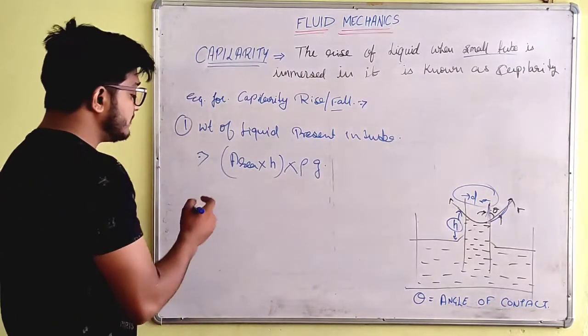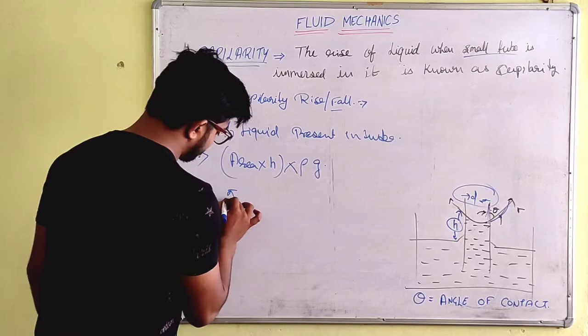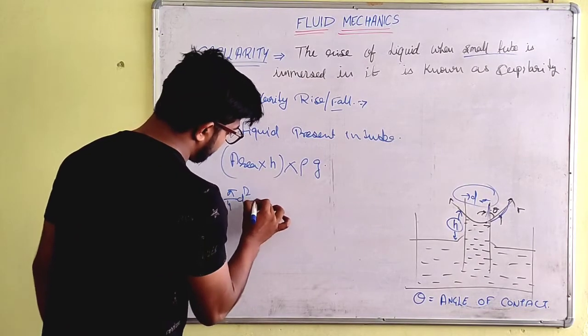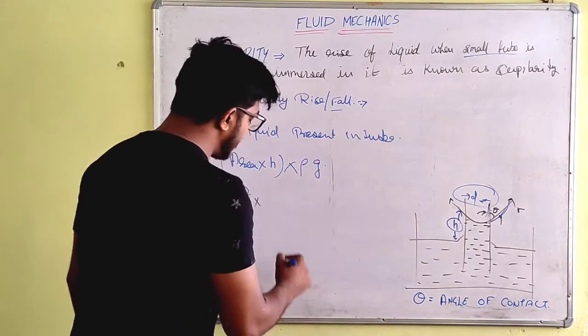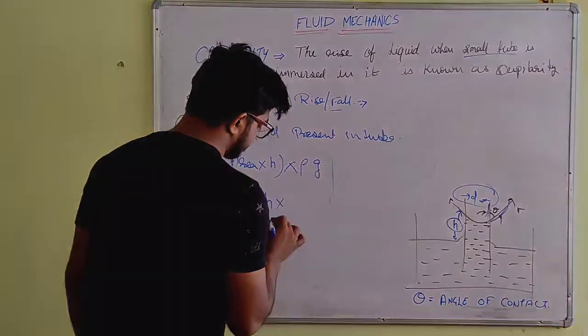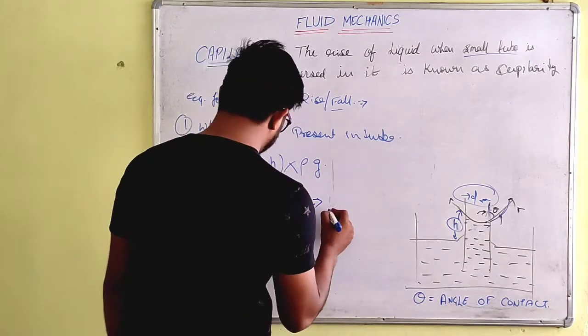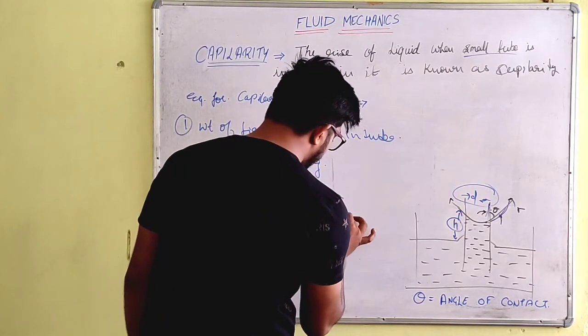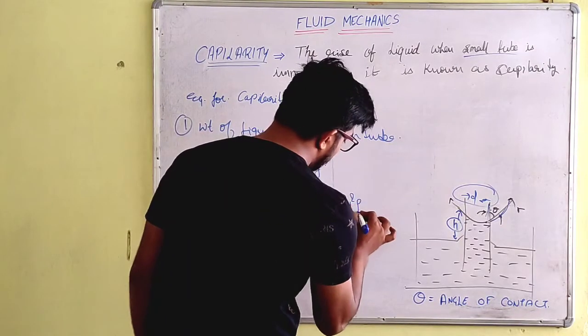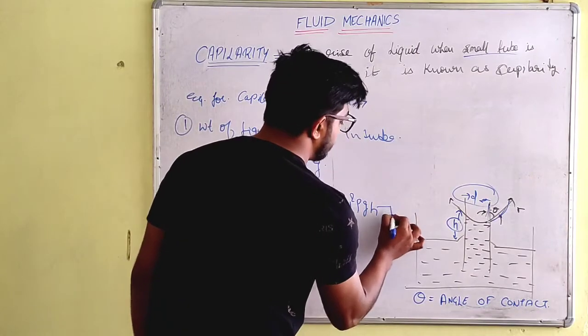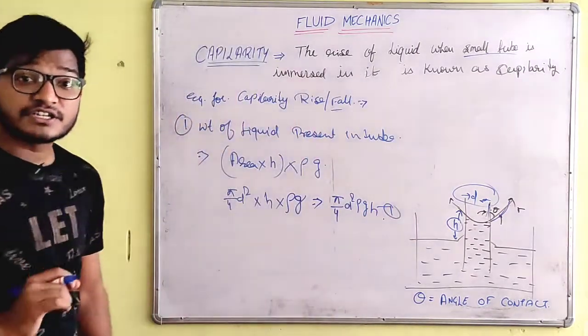The area is pi by 4 d square, and the height is h, into rho g. So the equation here is pi by 4 d square rho g h. We will name it as equation 1.